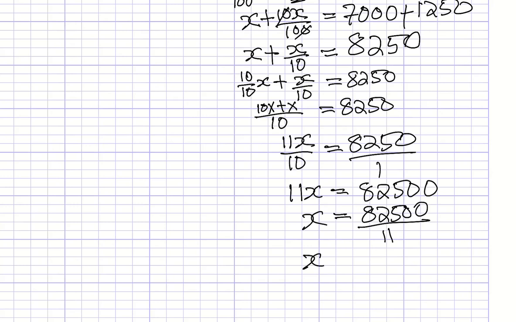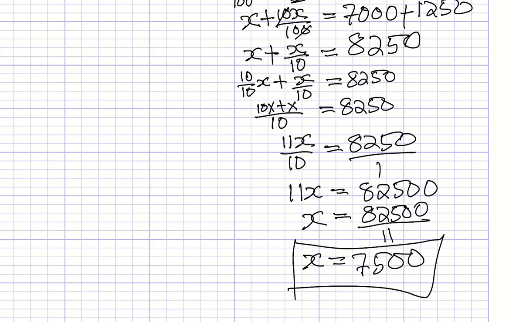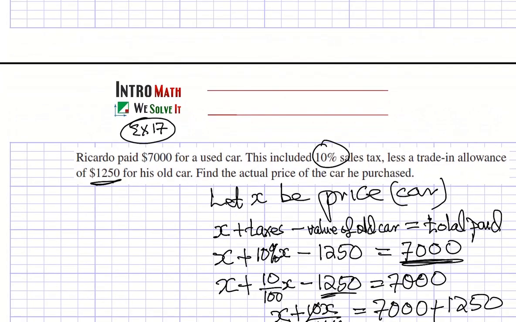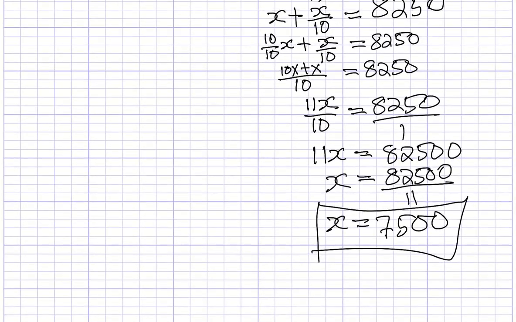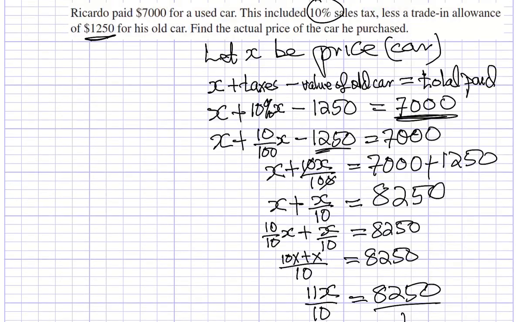So x, if we divide that, x will be 7,500. That's what that means. That's what he paid, the actual price of the car he purchased. 7,500.